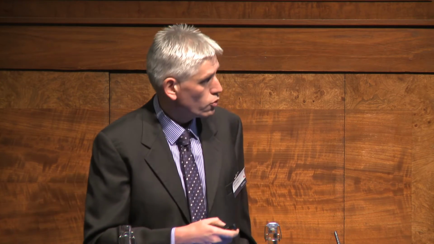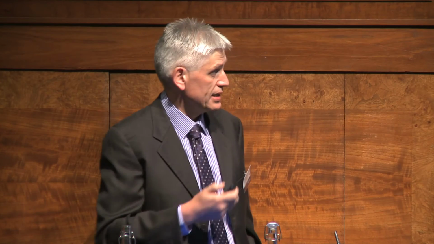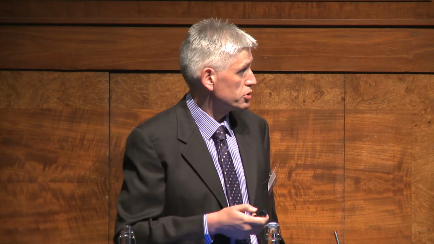So I think this is interesting because it suggests that basically all this hypertension is caused by mutations that either increase messenger RNA levels of Wnt1, or missense mutations in Wnt4 that prevent them interacting with the E3 ligase, or mutations in the E3 ligase components themselves that mediate this ubiquitylation.